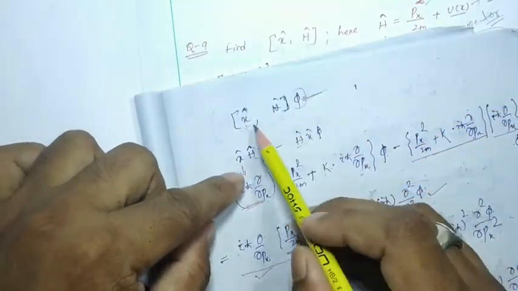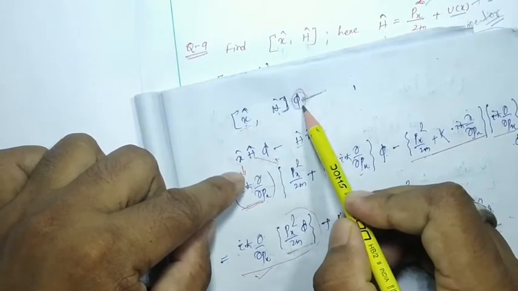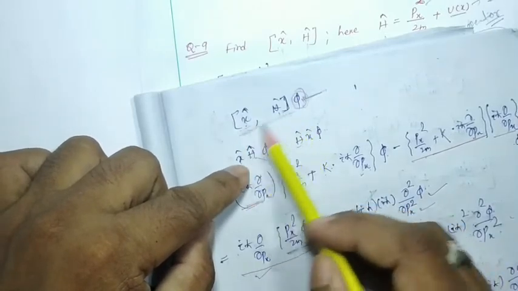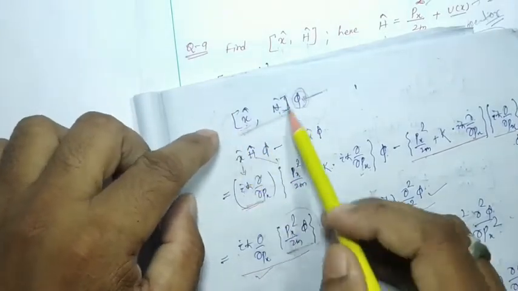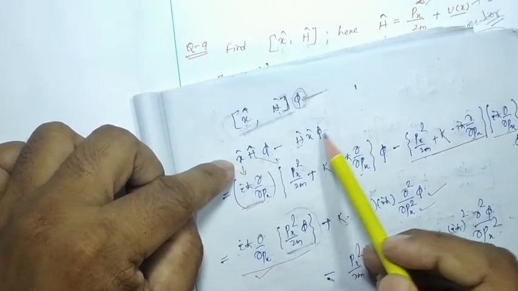See here, x cap h cap phi, where phi is in the momentum space. If I remove the commutation bracket, it is x cap h cap phi minus h cap x cap phi.